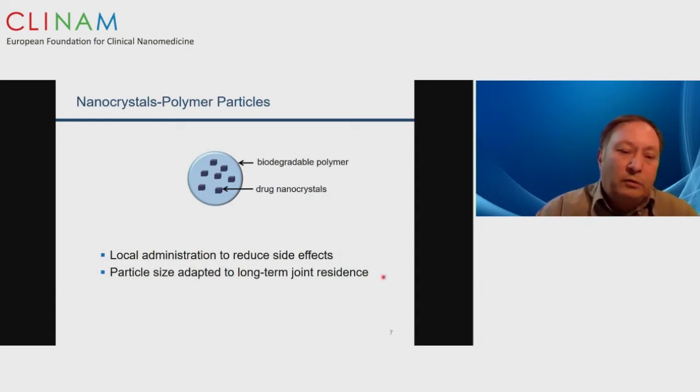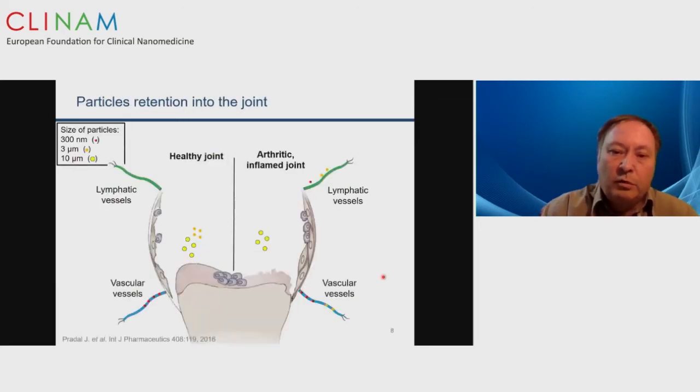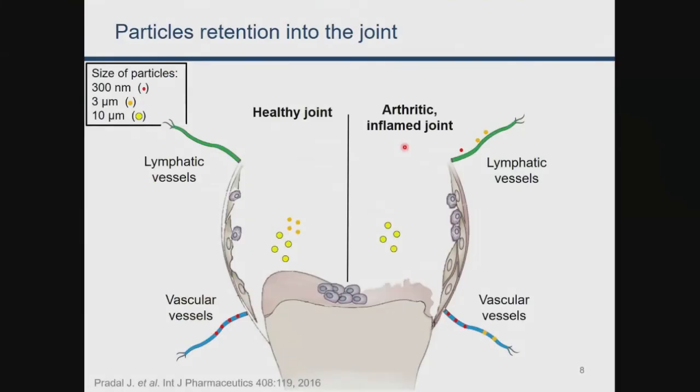And we then should choose a particle size which is adapted to long-term joint residence. So for this latter point, I would make a quick digression, showing you a preliminary study where we investigated the fate of particles of different sizes, 300 nanometer, 3 micron, and 10 micron, which were injected intra-articularly in healthy joints, or arthritic inflamed joints, which are more permeable to particles.